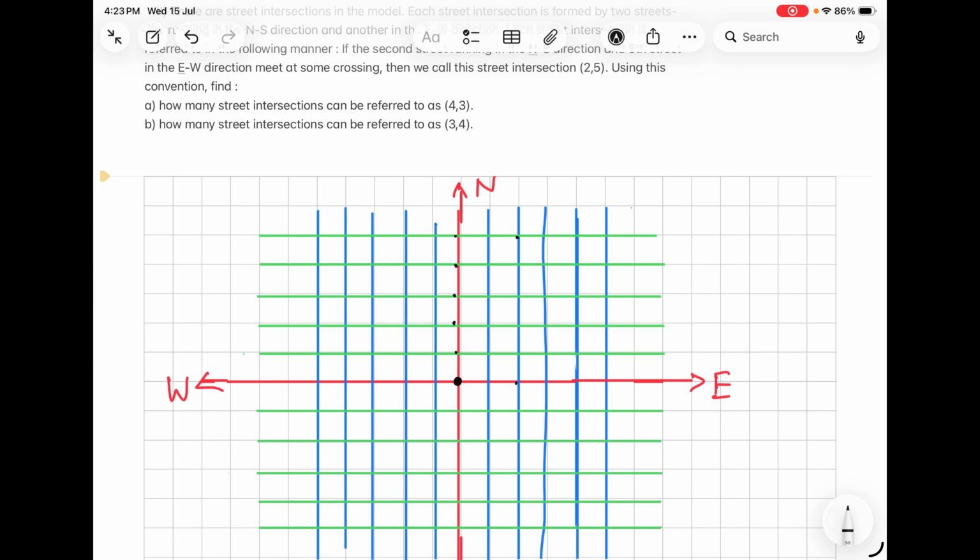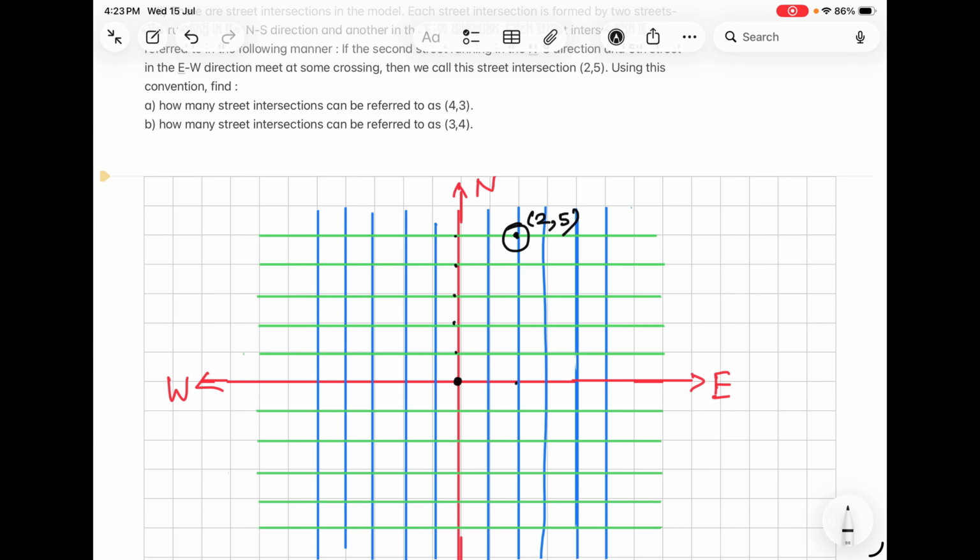The east-west fifth street and the north-south second street meet at this point. Okay, that is 2-5. This is the intersection point of the second street of the north-south direction and the fifth street of the east-west direction.